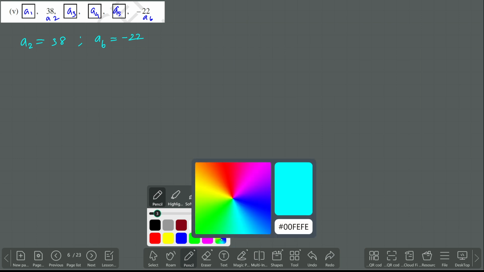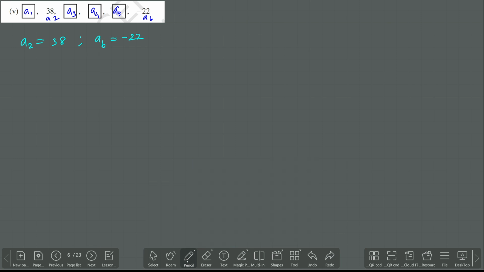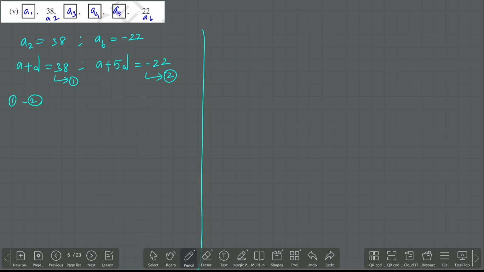So then what is the formula? A2 means A plus D equal to 38. Equation number 1. A6 means A plus 5D equal to minus 22. Equation number 2. So we can go with the elimination method like in the third chapter. So A can cancel very easily. 1 minus 2 I am going, or 2 minus 1 also you can go if you want.